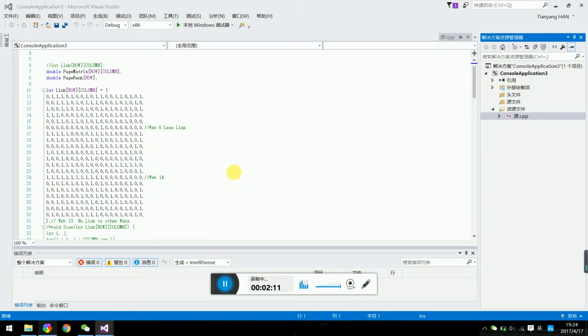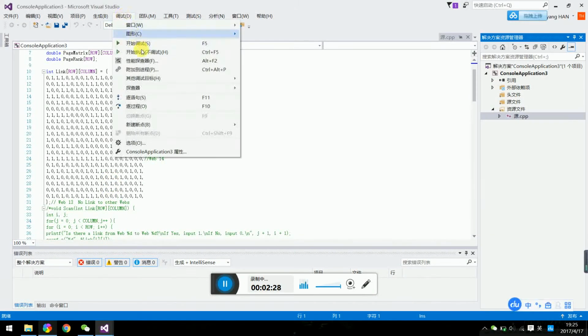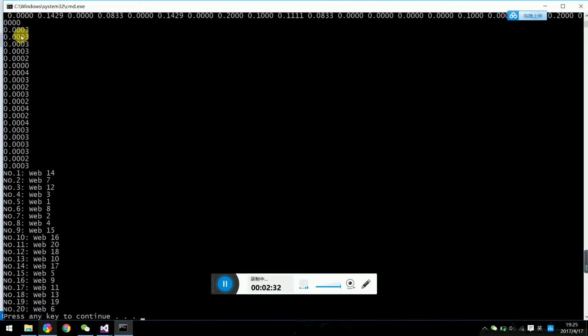And as we said in the previous part, what about the problem of a dead end, which means that if a web, for example web 13, has no links to the other webs, the column 13 is all 0. If we don't solve it, what about the PageRanks of the whole system? We can see the PageRank of the whole system tends to become 0.